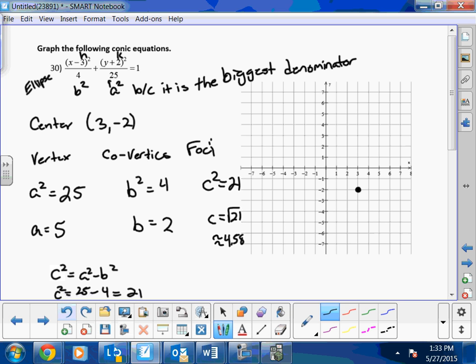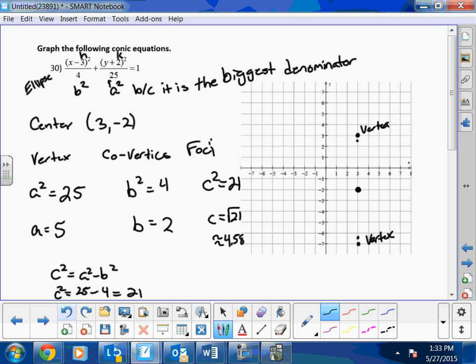Your a was specifically placed underneath the y, which means my major axis is on the y-axis, so I'll go 5 units up. Here, 1, 2, 3, 4, 5. Here's a vertex. And 1, 2, 3, 4, 5. Here's my other vertex. And then from here, let's do the foci. The foci are 4.58 here and here.